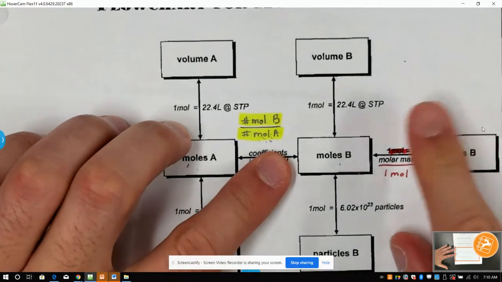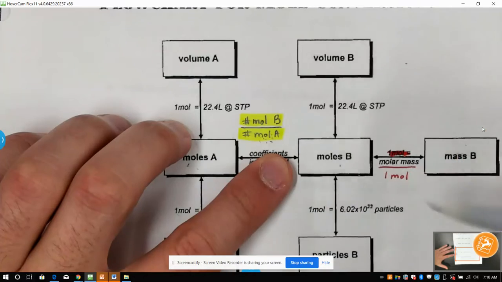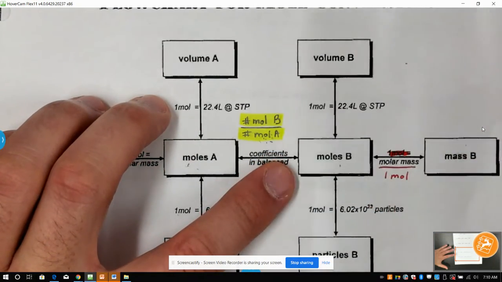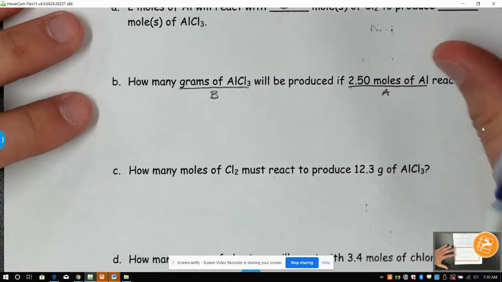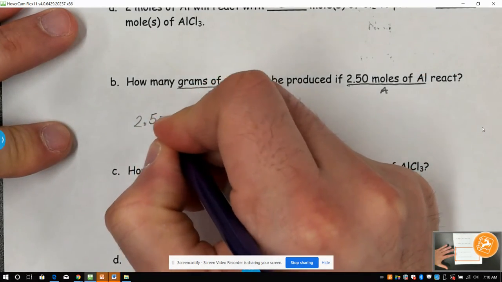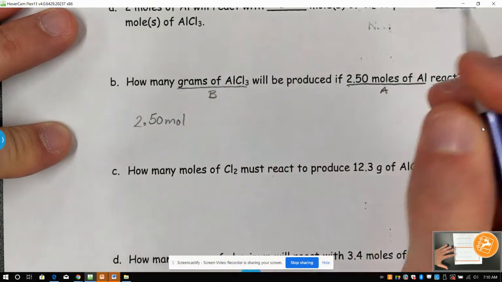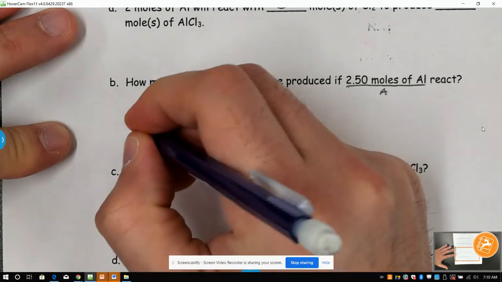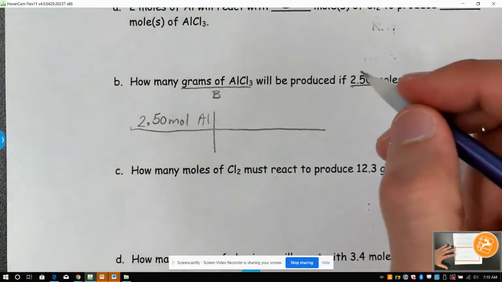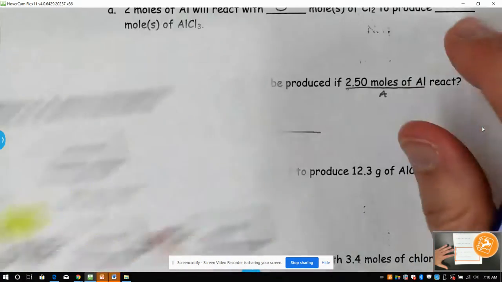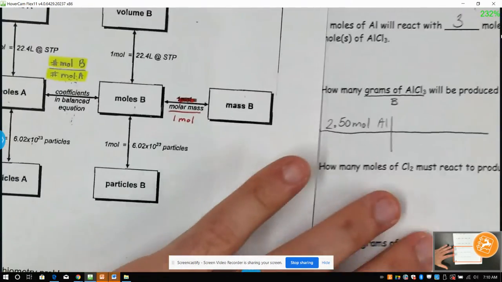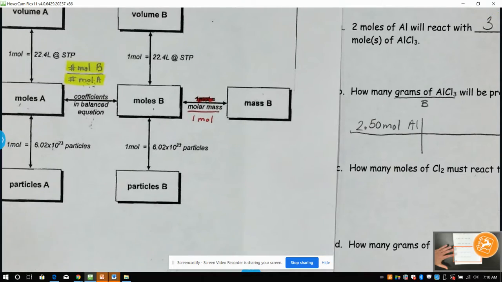So these are going to be our 2 conversions. The first one is to get out of moles of A and get to moles of B. So take what you're given, put it in the starting spot. Okay, so this is where we are currently here.